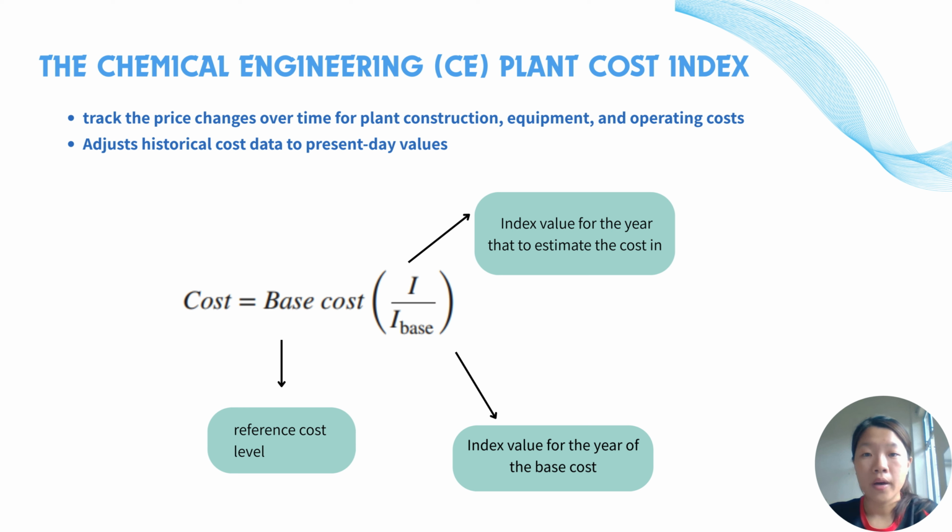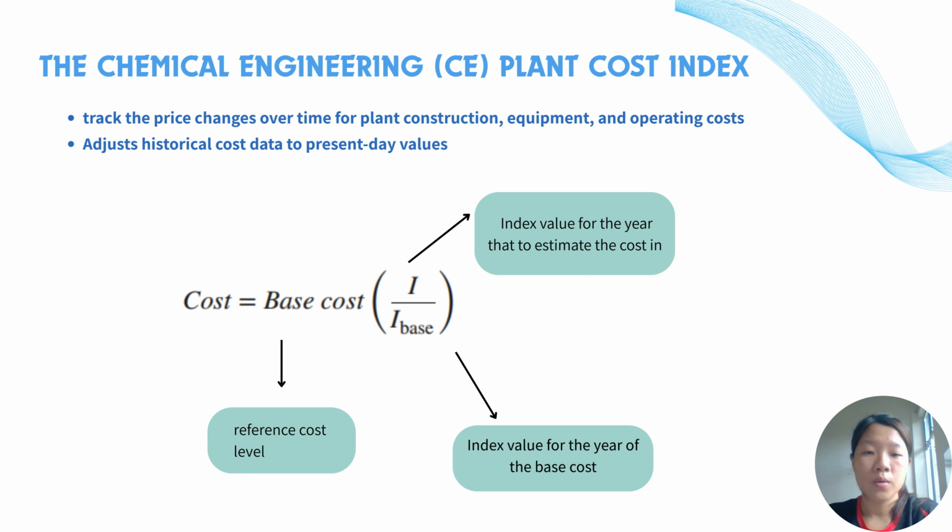In our slide, we are going to focus on the Chemical Engineering Plant Cost Index. It is used to track the price changes over time for plant construction, equipment, and operating costs. It is used to adjust historical cost data to present-day values.